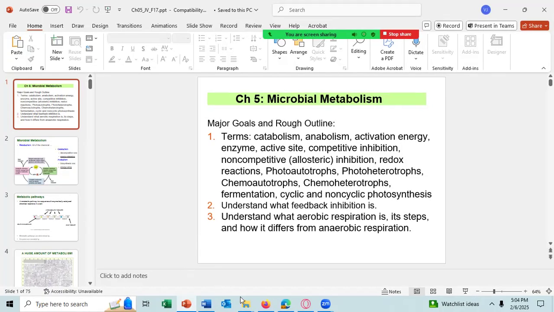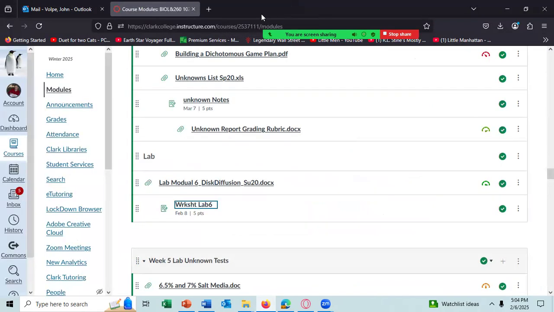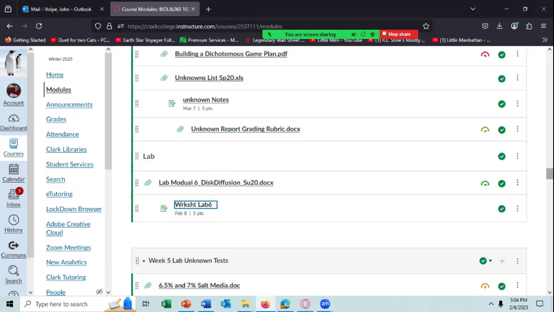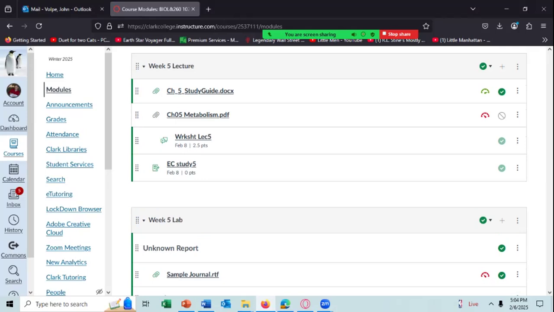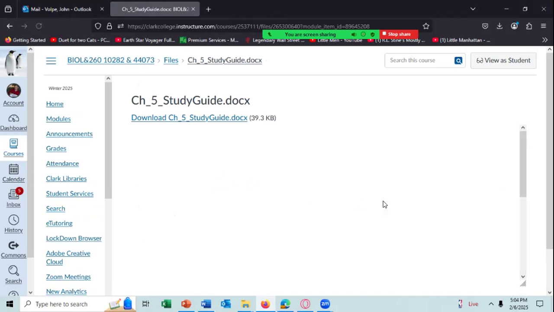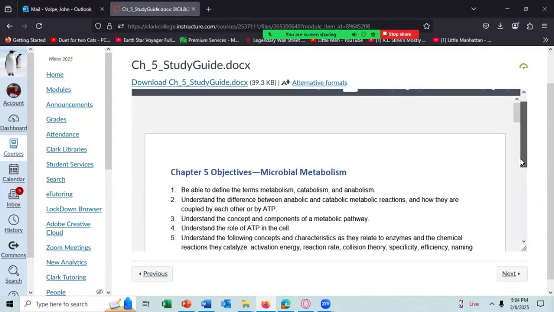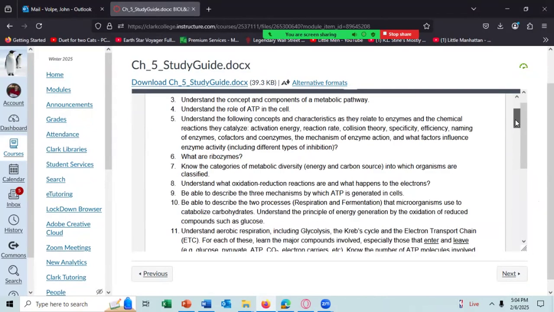And for the objectives, you can find them under the class notes, for week 5 lecture, under the study guide. The objectives will be in the first part of the study guide for this chapter, and then the notes will be after the study guide.